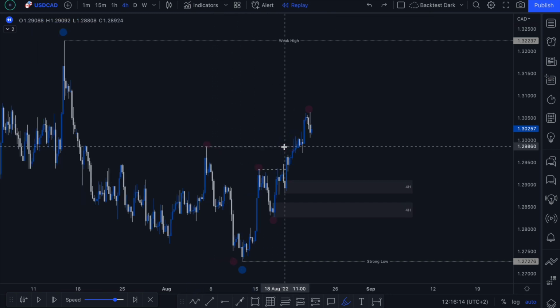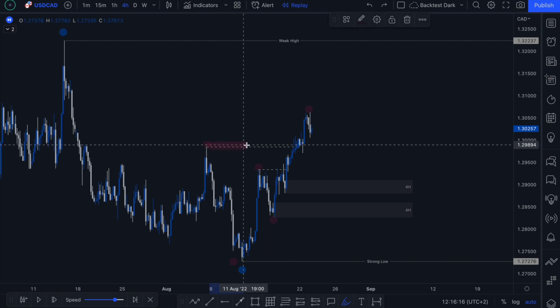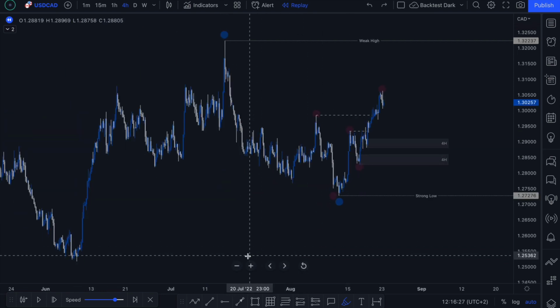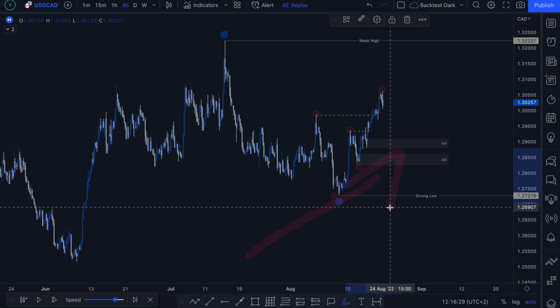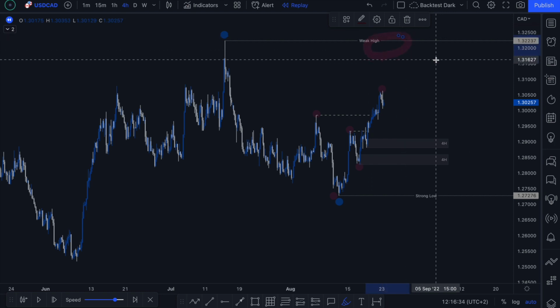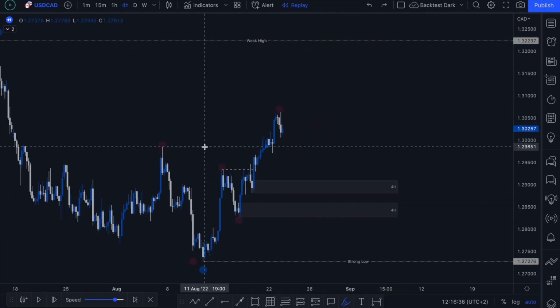Now that is significant because once price action breaks above this 4-hour high, we are then in line with that overall daily anticipation of a bullish push to take this weak high. So this particular 4-hour break of structure is very significant. It shows us that change of character from bearish to bullish on the 4-hour chart.